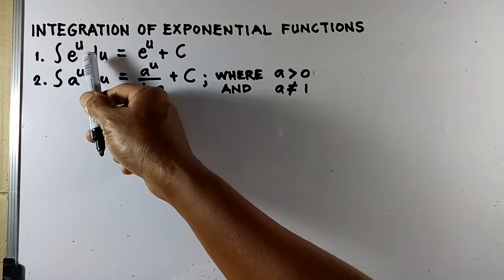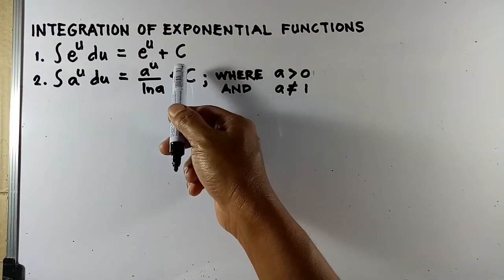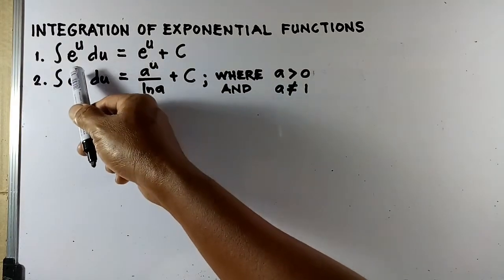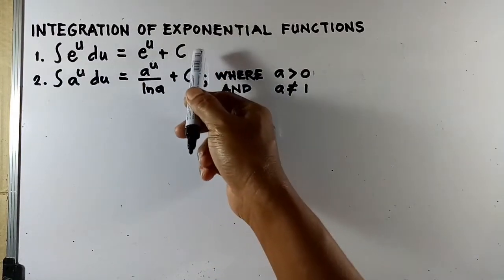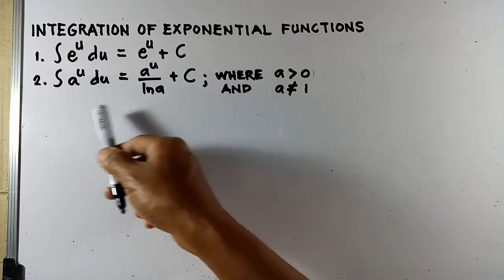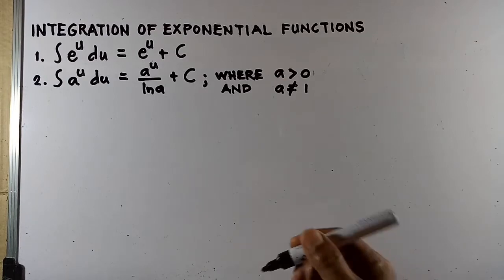Integral of e raised to y dy equals e raised to y plus c. Integral of e raised to t dt equals e raised to t plus c, and so on. So, ganun din dito sa formula number 2.